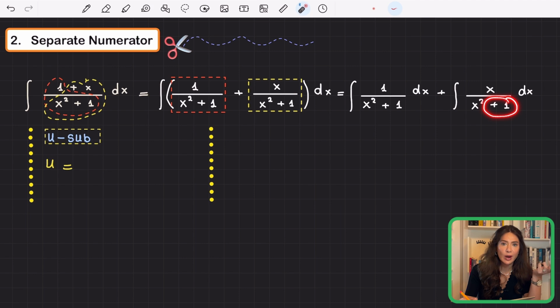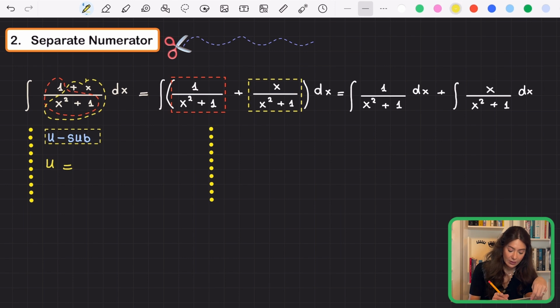And the derivative of 1 or any constant doesn't worry me, because derivative murders constants. So I'm going to say with confidence that u is x squared plus 1. Now, taking the derivative of x squared is 2x. I don't have 2x dx. I have x dx.